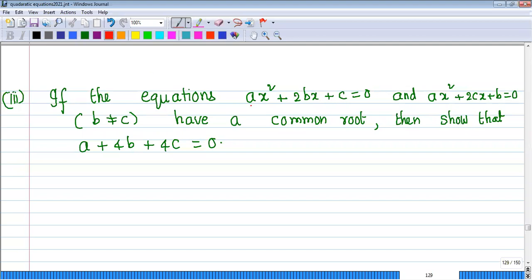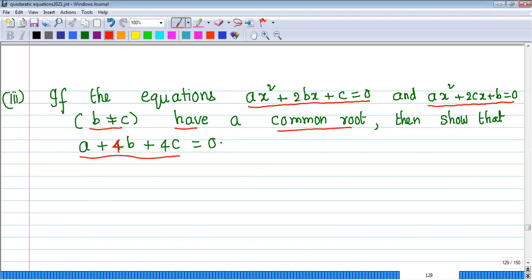If the equations ax square plus 2bx plus c is equal to 0 and ax square plus 2cx plus b is equal to 0, b does not equal to c, have a common root, then show that a plus 4b plus 4c equals to 0. So instead of applying that one, in a very simple manner we can do.